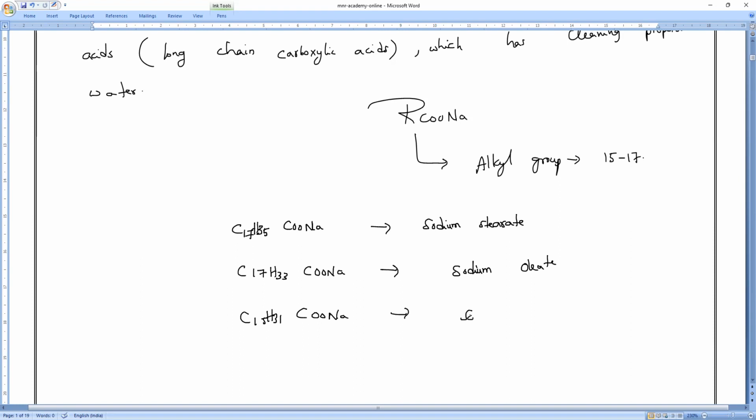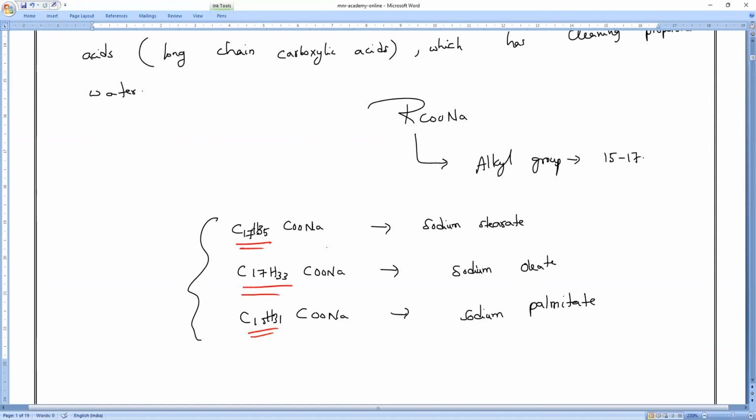This is what we used to say sodium palmitate. So please remember, these are the soaps we basically have in our daily life, what we are using generally, maybe any one of these.